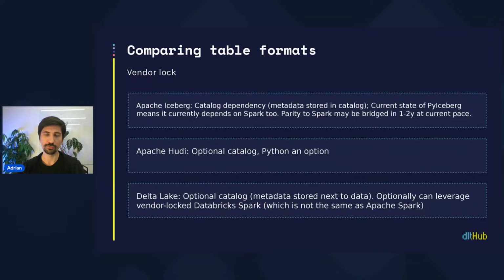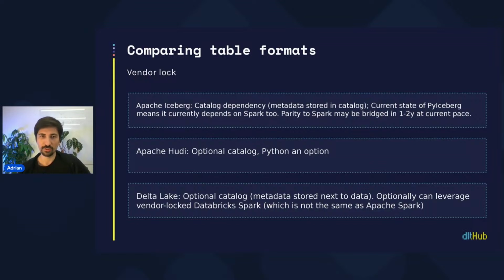So when it comes to vendor lock, for Apache Iceberg we have the catalog dependency built into the whole concept, because for Iceberg, the metadata is stored in a catalog. So this makes the whole usage of the files dependent on that. And when we look at the Iceberg library, even it is behind right now, so it might be some time until it reaches parity with Spark.